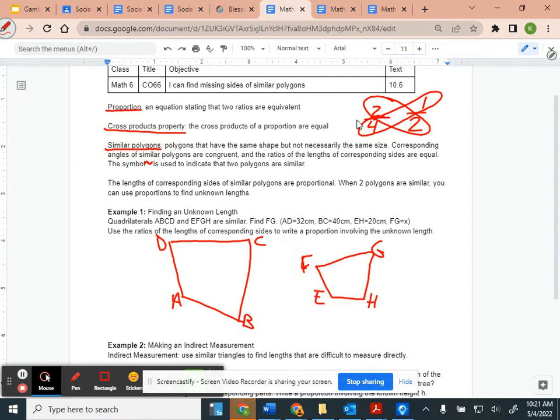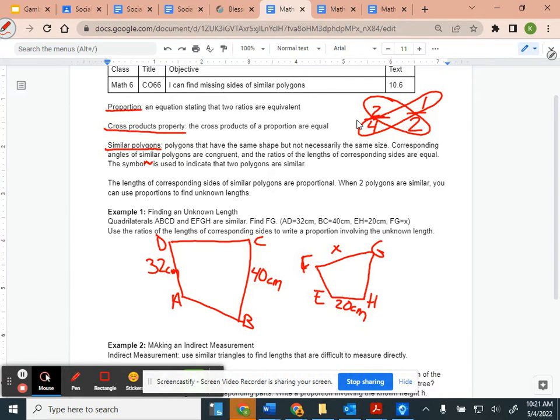All right. So AD is 32 centimeters and BC is 40 centimeters. Then we have EH is 20 centimeters and FG is our unknown, X. So we need to match them up.